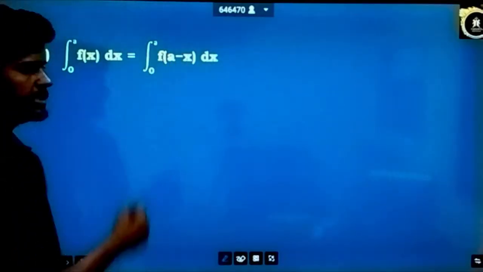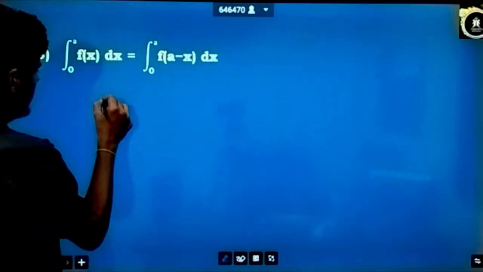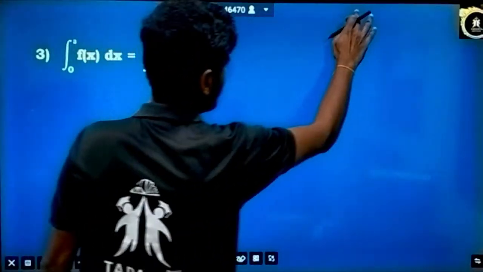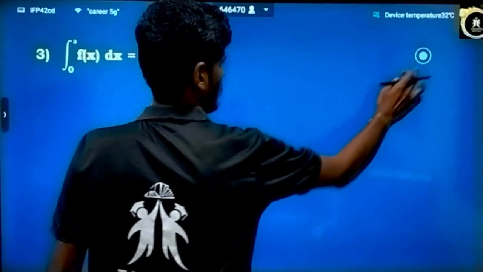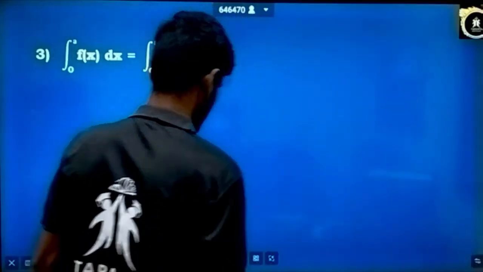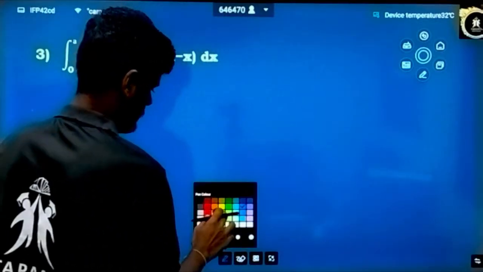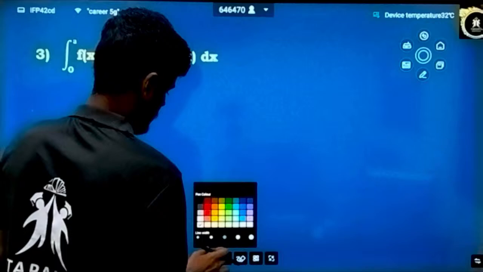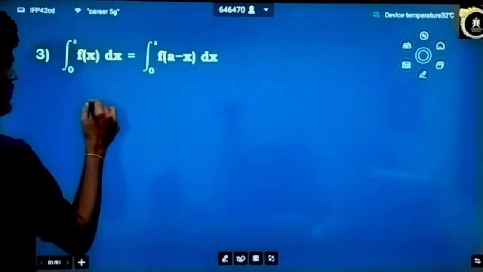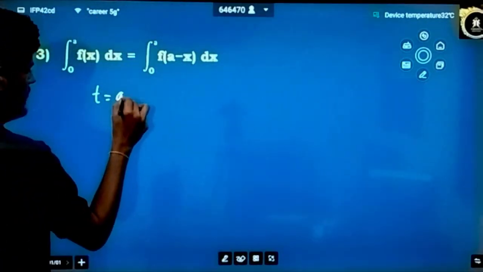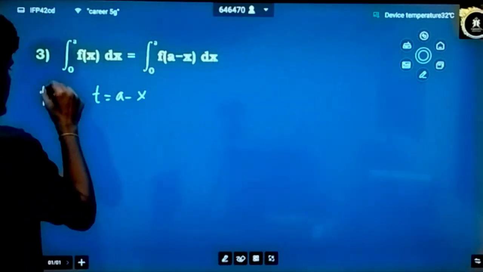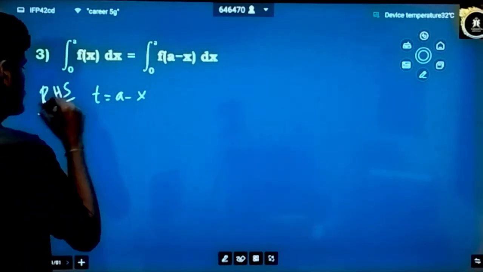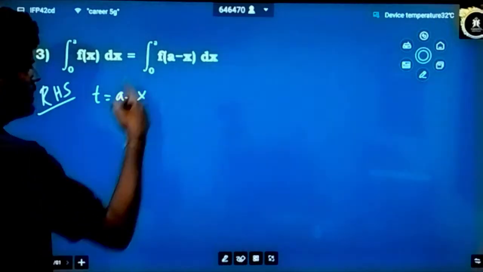Let's take this A minus x, t equal to A minus x. Now what do we need to do? Replace this in the right hand side. We will take the right hand side first. t equal to A minus x.